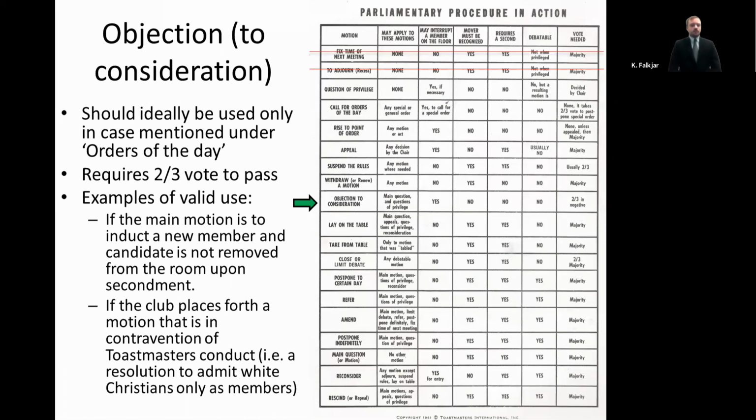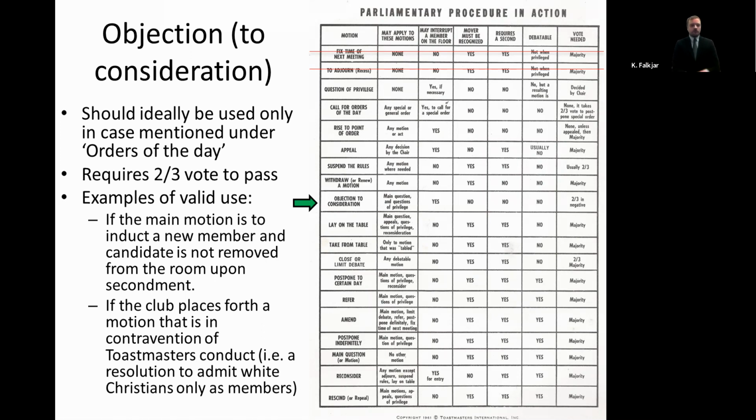An objection to consideration. This, other than the orders of the day case that I mentioned earlier, is something that we very rarely use in Toastmasters. It requires a 2/3 vote to pass.